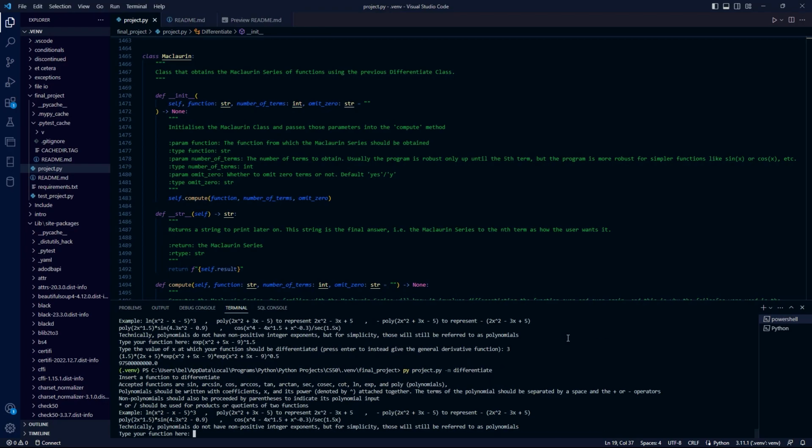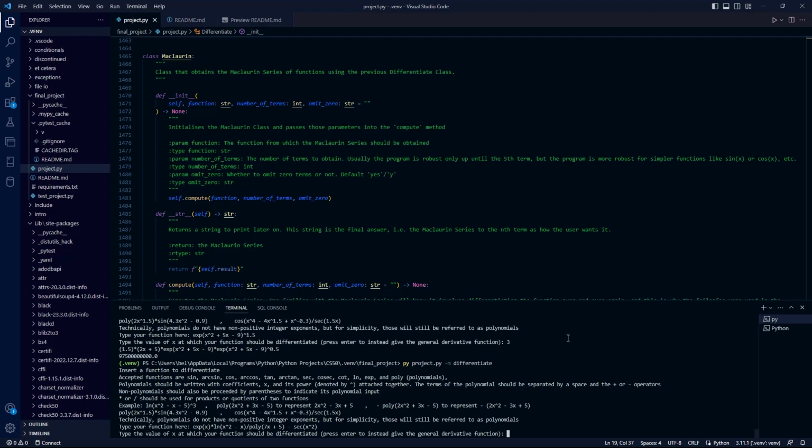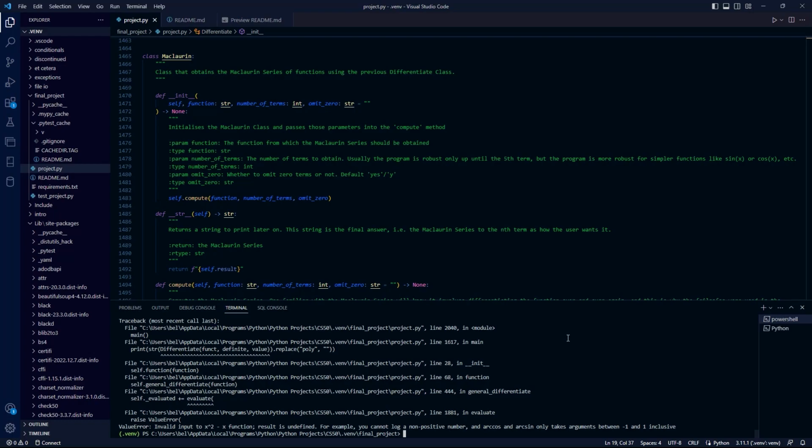Product rule and quotient rule also work. So for example, this function, I want to find the gradient when x equals 1. A few error messages have been built in.